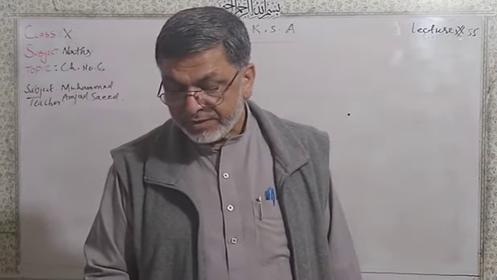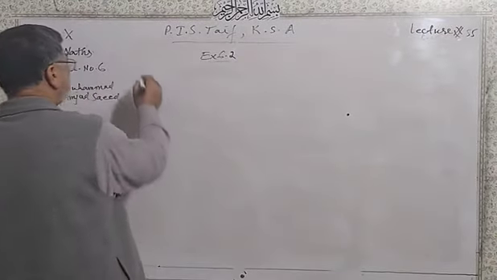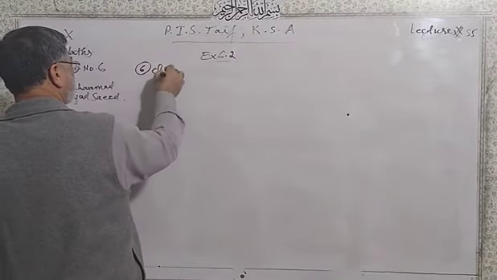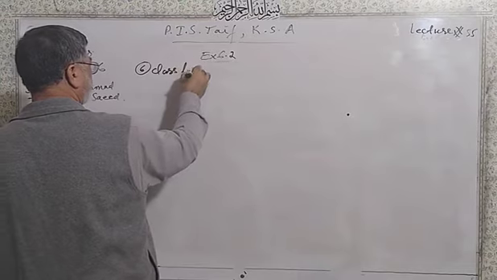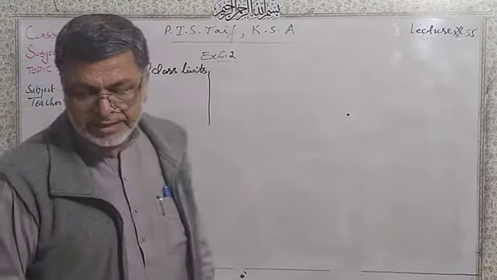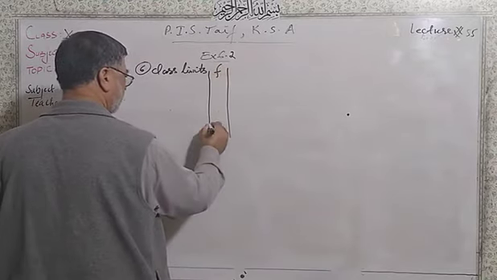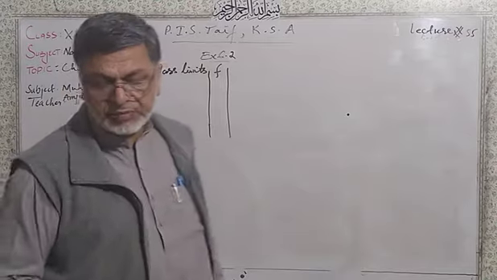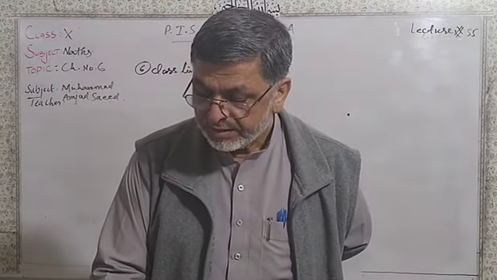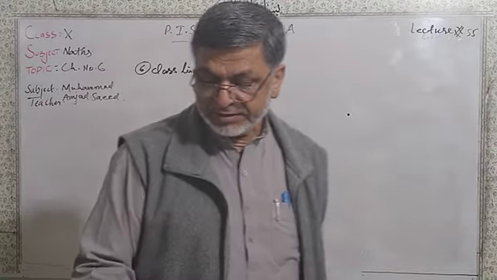So we can have question number 6, class limits and frequency. We have to find mean age by direct and shortcut method.